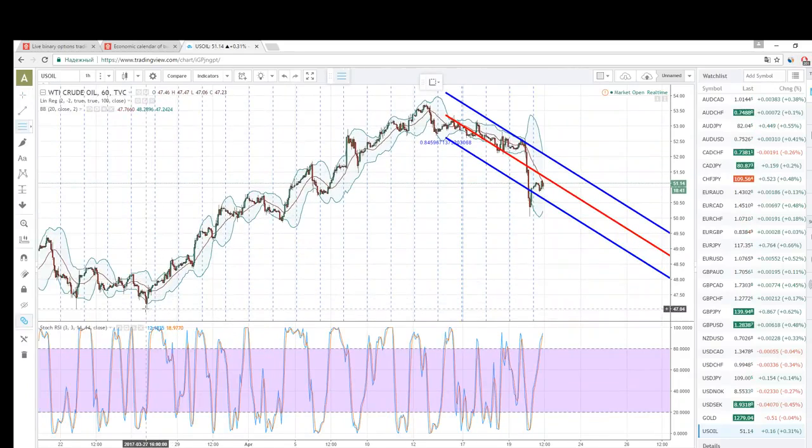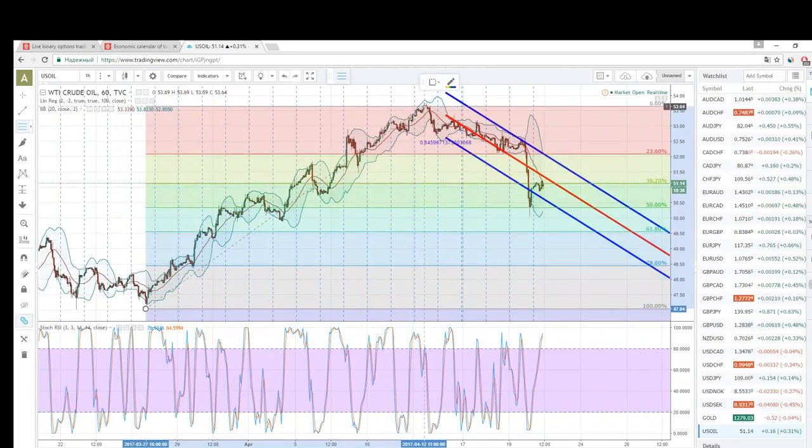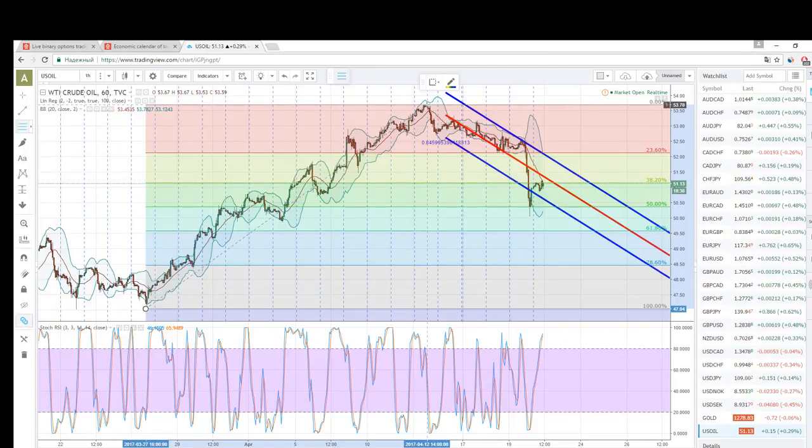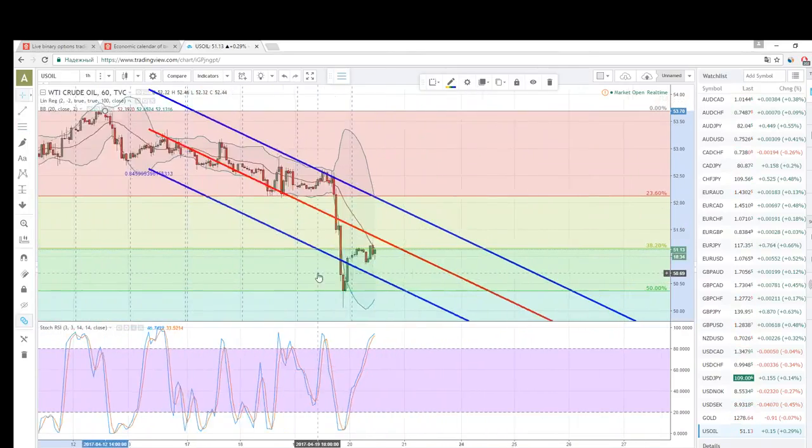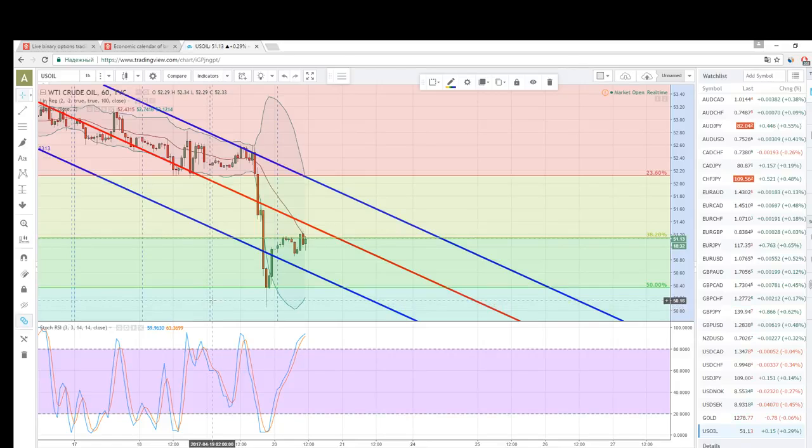Okay, here we have US oil. I will take like the bigger time frame. Here I believe that the option is possible to enter like for low around 1 or 2 hours.